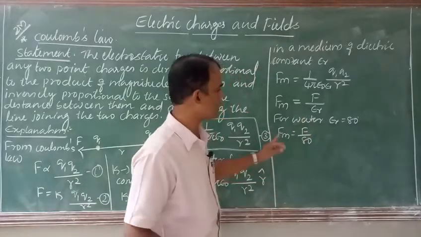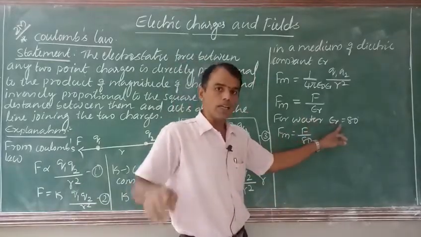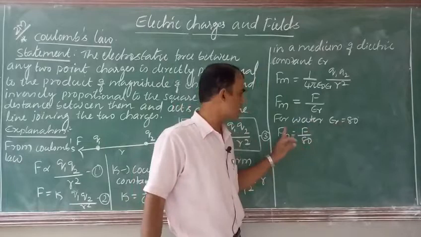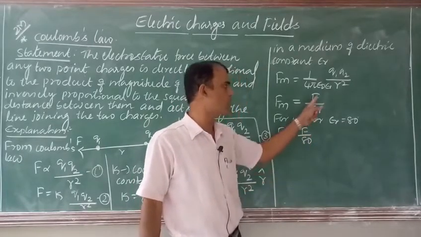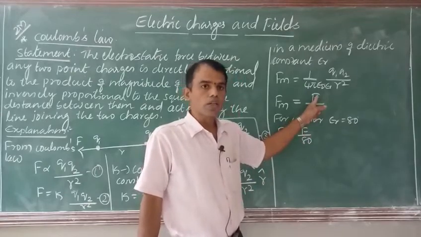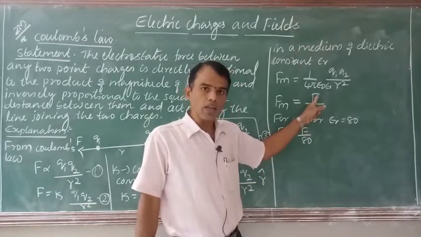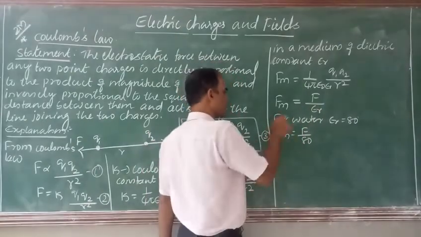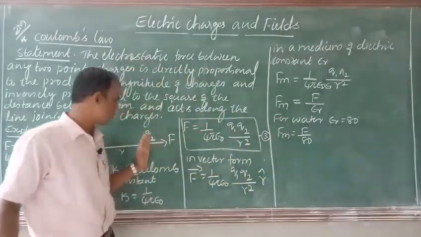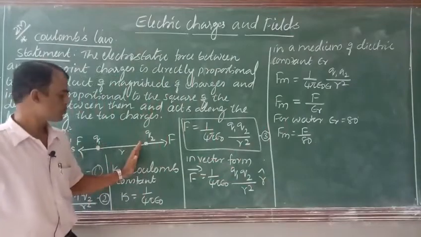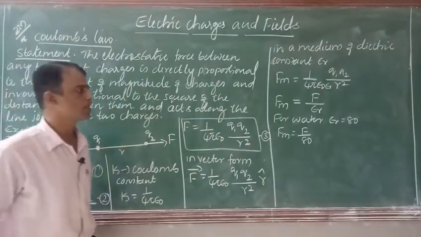Therefore, when you take the two charges in water with the same distance, the force between them decreases by 80 times compared to the force between them in air or vacuum. So force decreases when you introduce a dielectric medium completely between the charges.